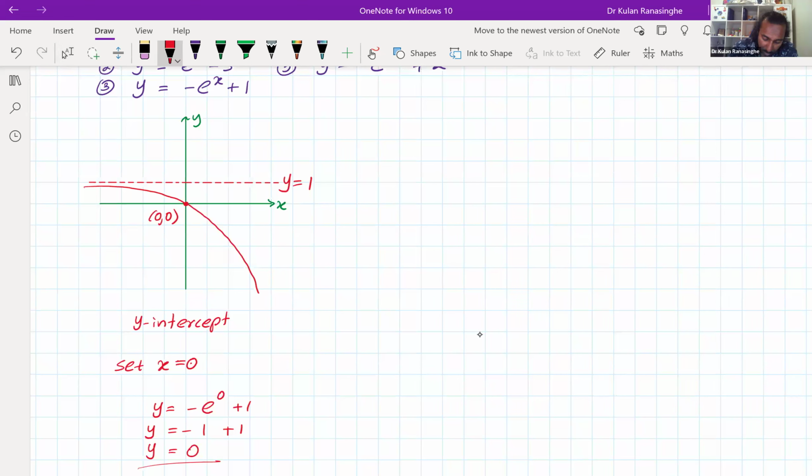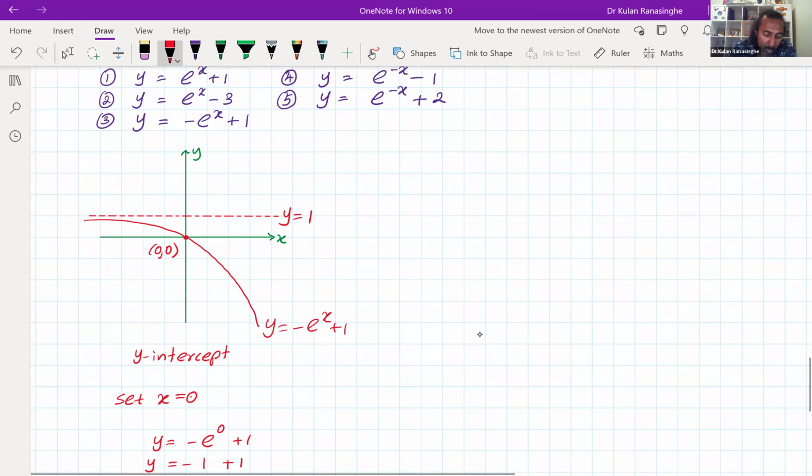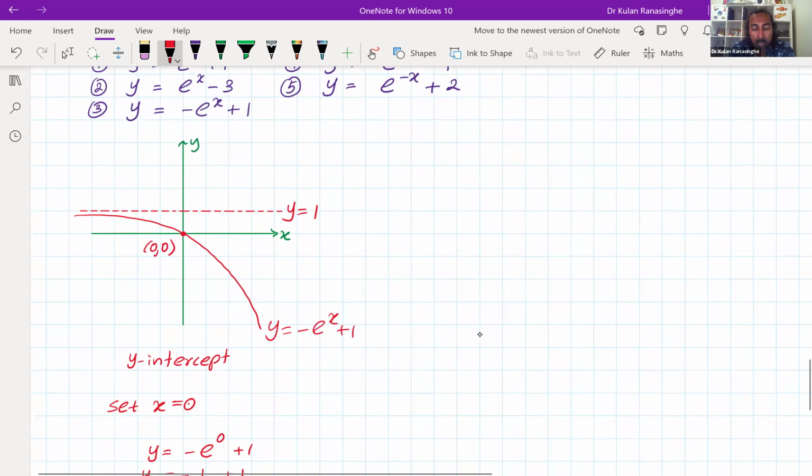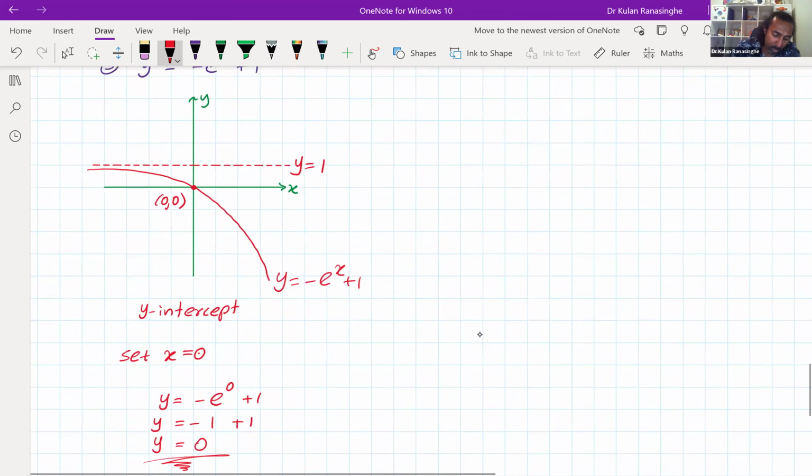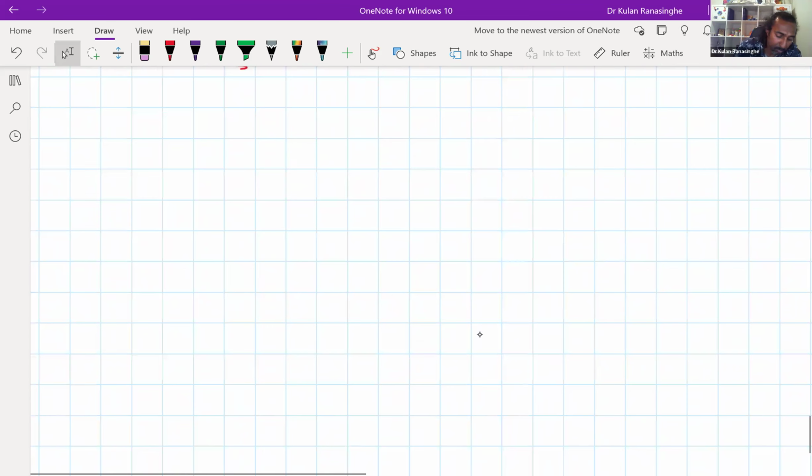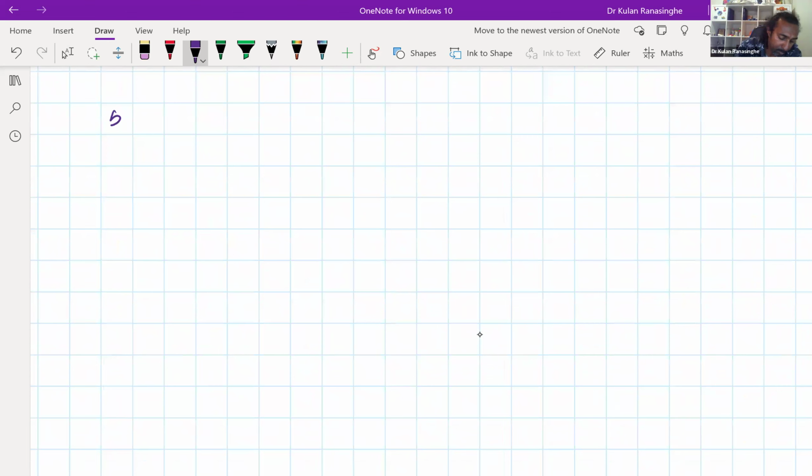Now what we are looking at is y equals negative e to the x plus 1. The next one we are going to look at is e to the negative x plus 2, number 5. The reflection through the y-axis, it's negative x.